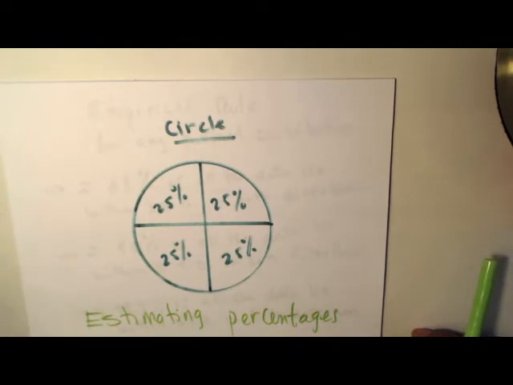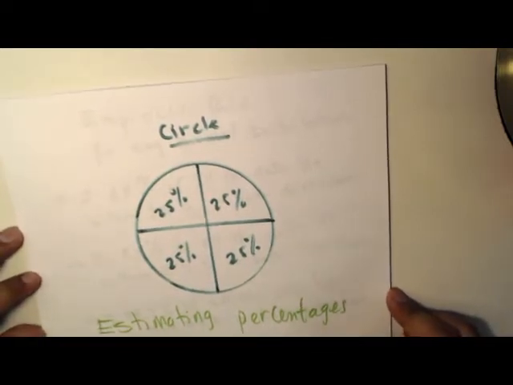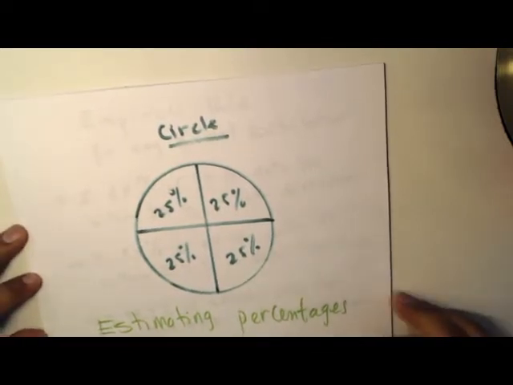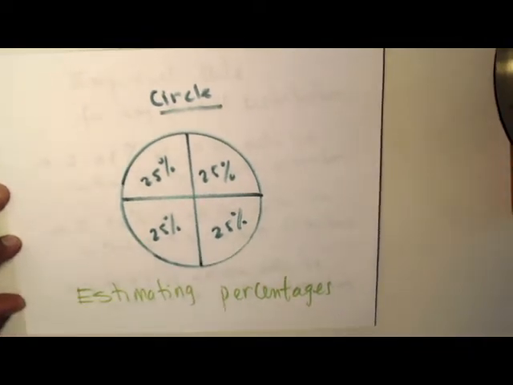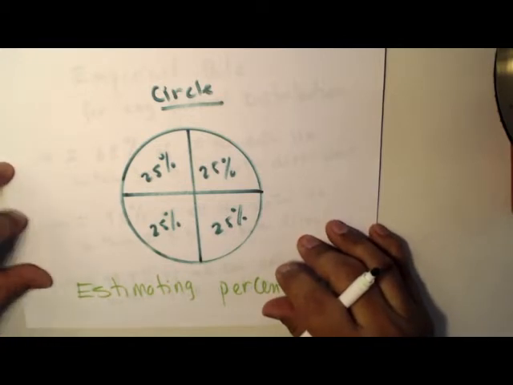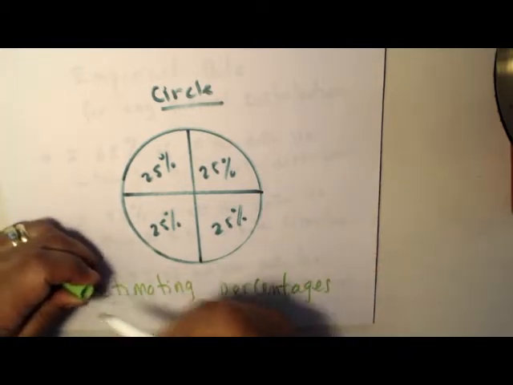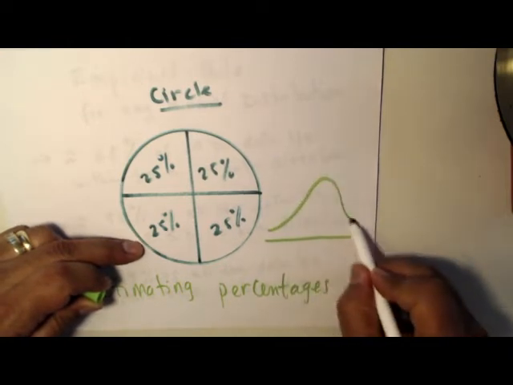However, when we need to calculate percentages on the normal curve, it is going to be somehow difficult, because the shape that we're dealing with has to do with the bell shape.